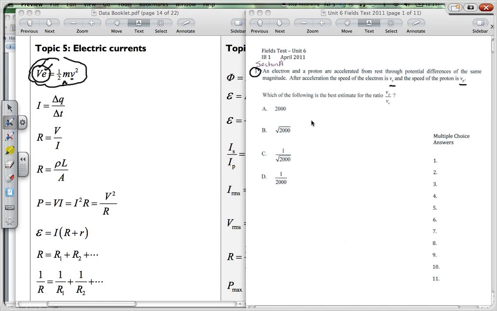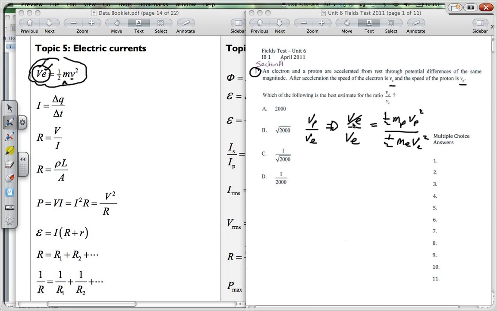So we're going to have Vp to Ve. That's what we want to find out. Now we know that the kinetic energy for both of them is the same, and that's equal to a half mass of the proton, velocity of the proton squared, divided by a half mass of the electron, velocity of the electron squared.